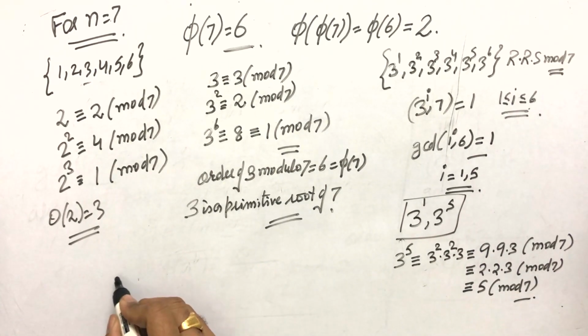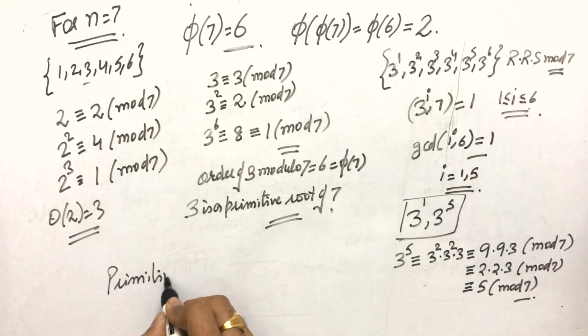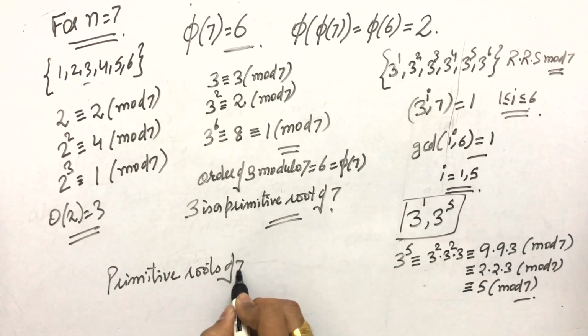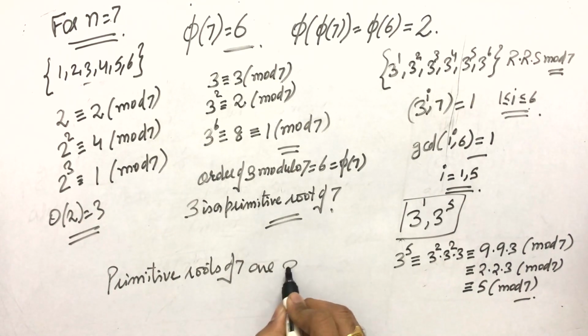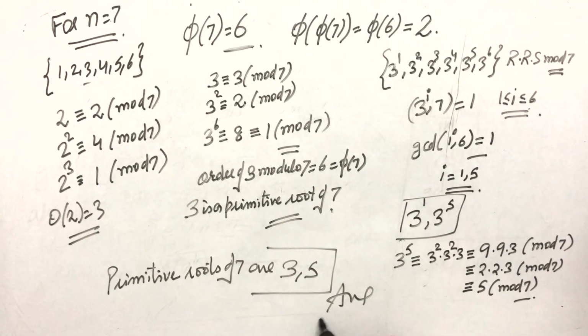Hence, the primitive roots of 7 are 3 and 5. Answer.